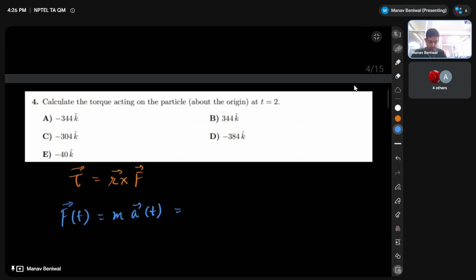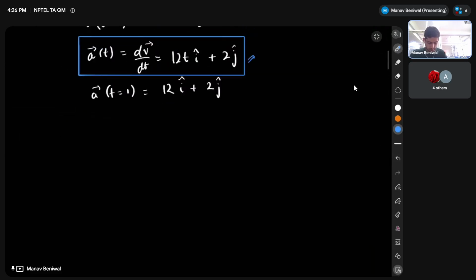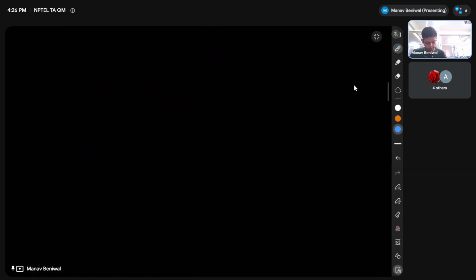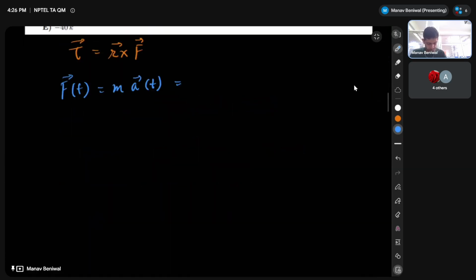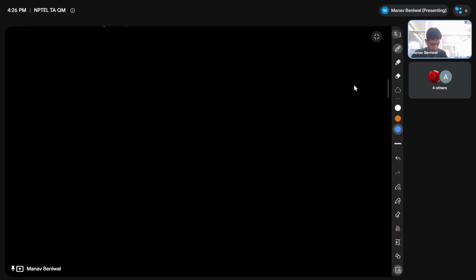And this will be, so I had written acceleration here already, this 12t plus 2. Okay, 12t, so m into 12t i cap.